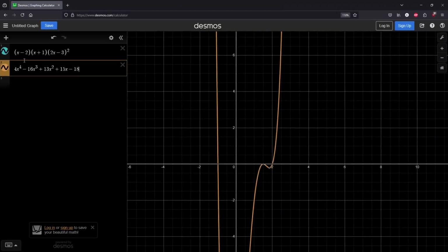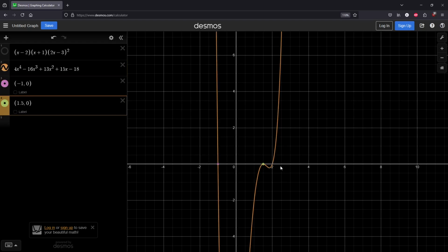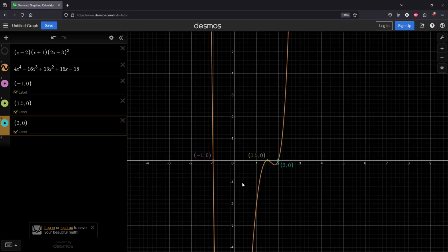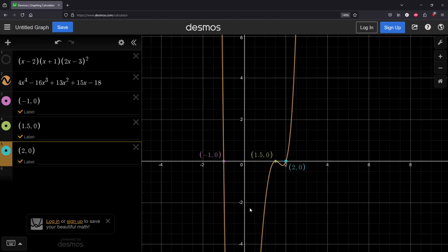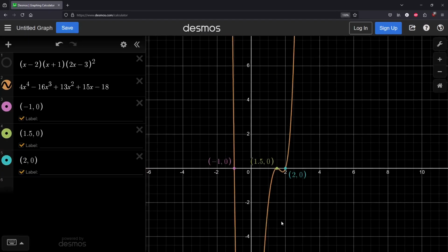And it is the same graph. I have 0, I have 0, 0. Let's label these. That should be good enough.